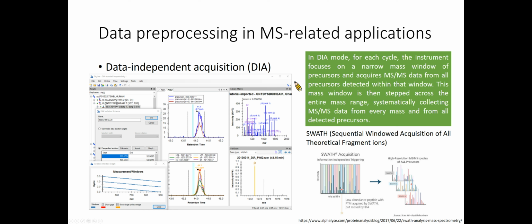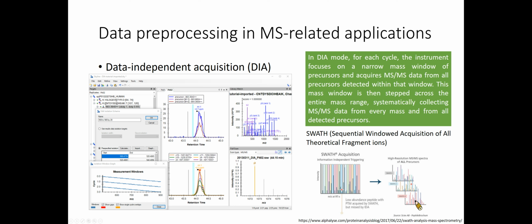Sequential window acquisition of all theoretical fragment ions (SWATH) is one of the commonly used DIA methods, where the mass spectrometer collects full mass spectra in a sequential overlapping window manner, allowing for the analysis of all fragment ions in the samples. The resulting data is used to identify and quantify peptides and proteins in the sample, regardless of their abundance or specificity.